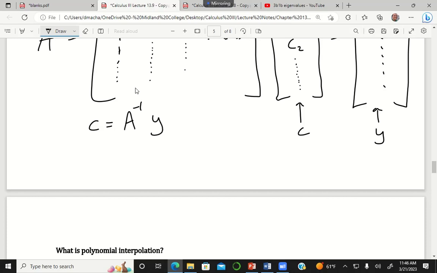But if you want to have a bunch of points, but you only want to plot a line, then this matrix is not going to be square. And if you don't have a square matrix, then you can't take the inverse of it.